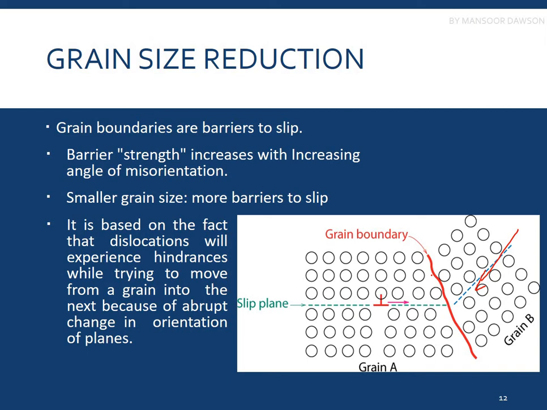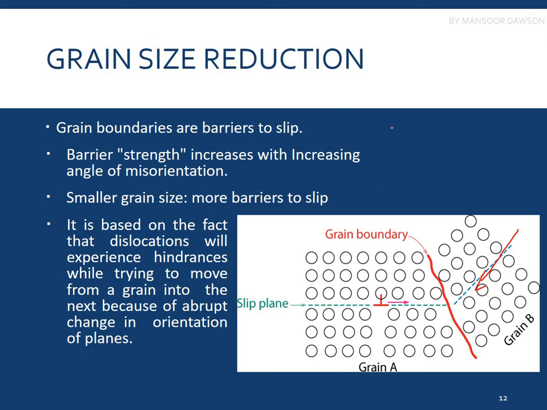and that would cause strengthening to be introduced in the material. So since at a higher load, at a higher stress, the material must deform, but since the misorientations are very high, there would be a barrier, and that barrier would hinder the dislocation movement, and ultimately, the material would resist the high load, and therefore, the material would have a higher strength.